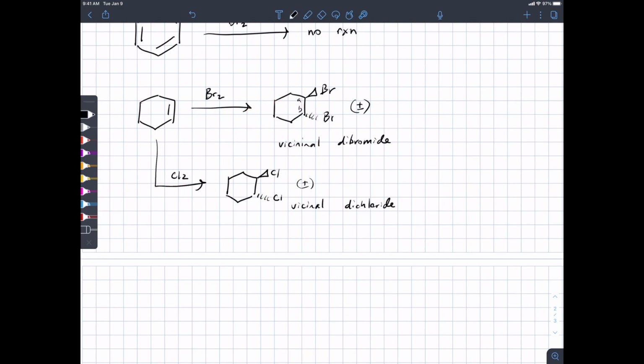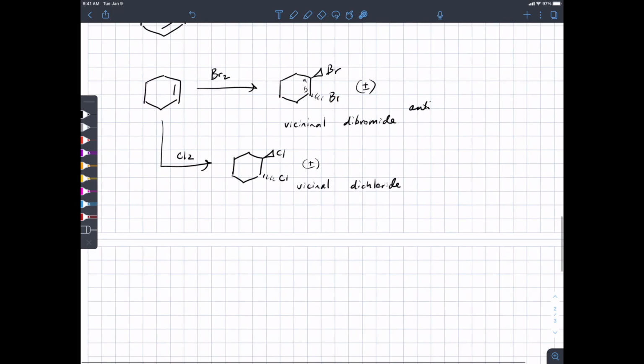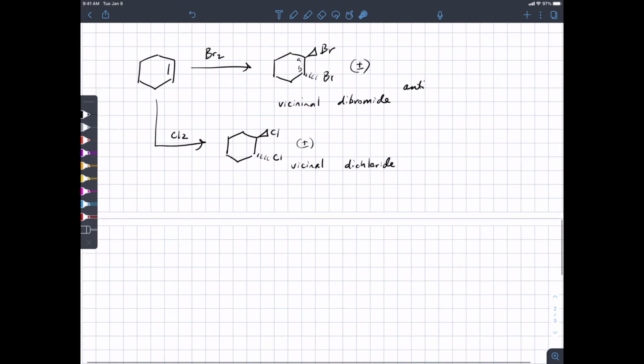So I don't know whether this will help you or not. If it doesn't, don't worry about it. But it can be useful to know that bromination of alkenes gives you the vicinal dibromide with anti-stereochemistry. And then if you see anti-stereochemistry in a product, then you might think, oh, if I wanted to synthesize that, I could use the bromination reaction.